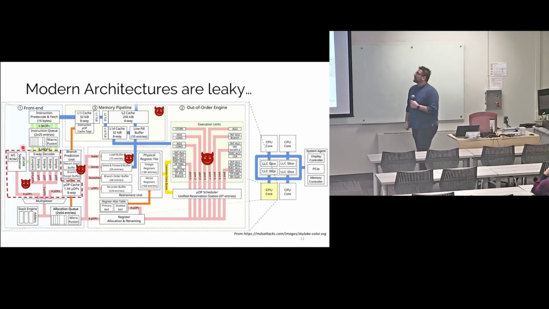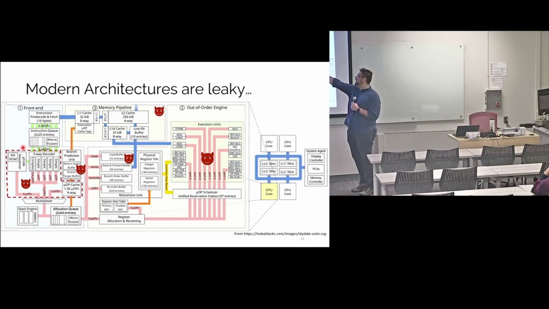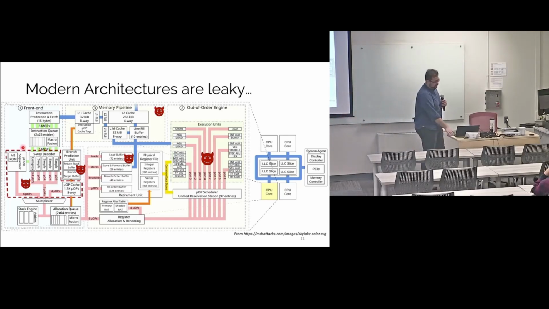We saw some attacks on caches. Basically, every single unit that you see there, every single block, is vulnerable. You can leak information through all of them. There are different cache attacks that you can use. Then you can do attacks on the LLC, on the interconnect, and on the DRAM. What this doesn't show is the replacement logic, which we saw a paper for, that you can attack. There's the coherence logic.